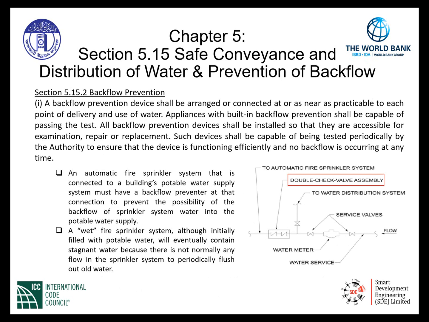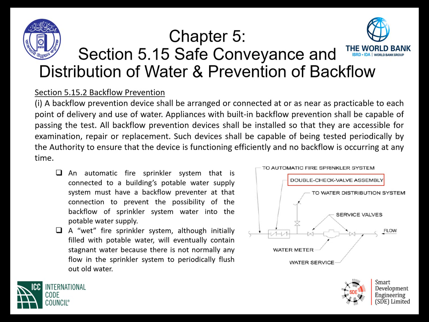When we have the need to provide backflow prevention, item I gives us some specifics on how to do this. A backflow prevention device shall be arranged or connected at or as near as practical to each point of delivery and use of water. Appliances with built-in backflow prevention shall be capable of passing the test.